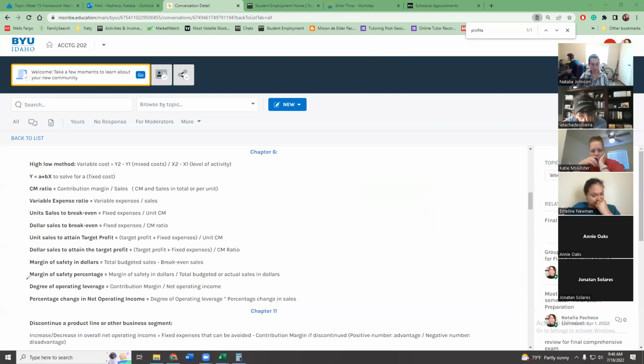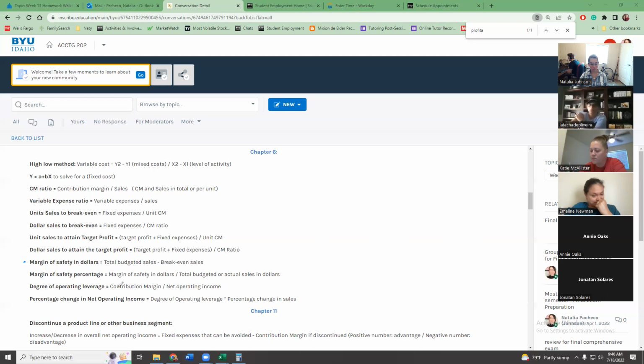And if they ask for a percentage, is the margin of safety in dollars divided by the total budgeted or the total sales. The degree of operating leverage is how much, if sales changes, how much is going to change in net operating income.